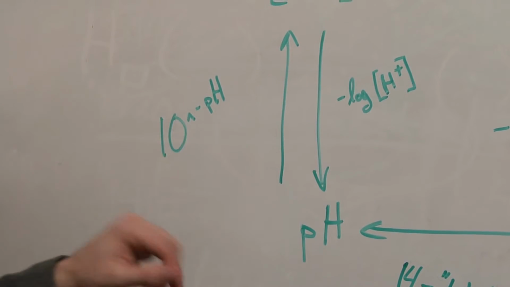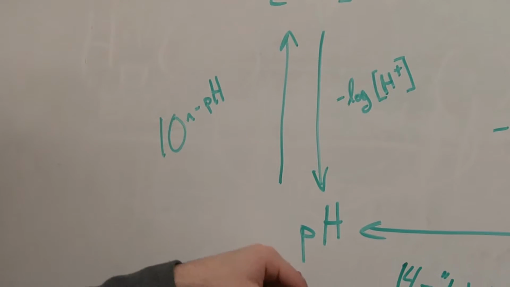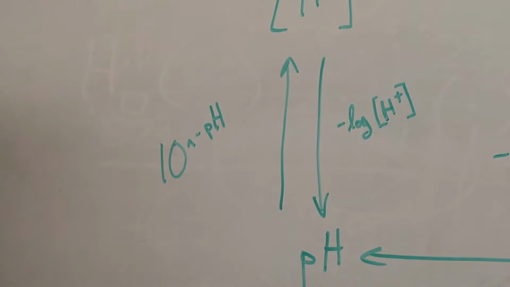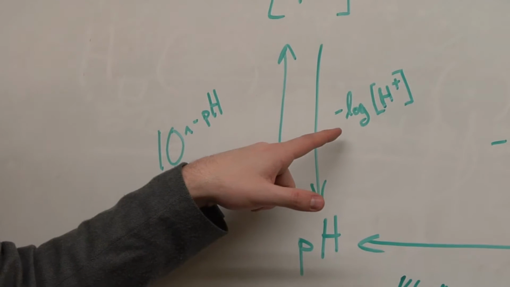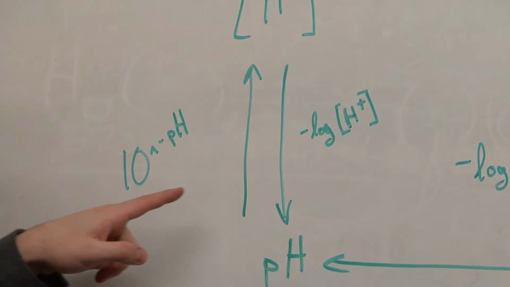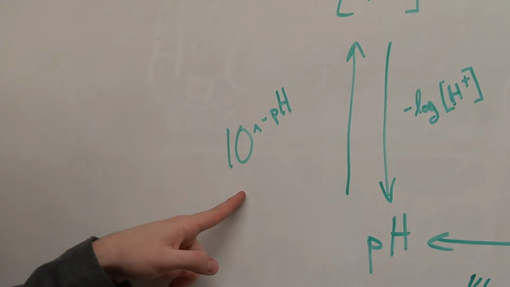So if you already have the pH and you want to go back up toward moles, then we need to reverse every step along the way. So we need to undo taking the negative log. Well, from math class, we learned that that was called the anti-log.